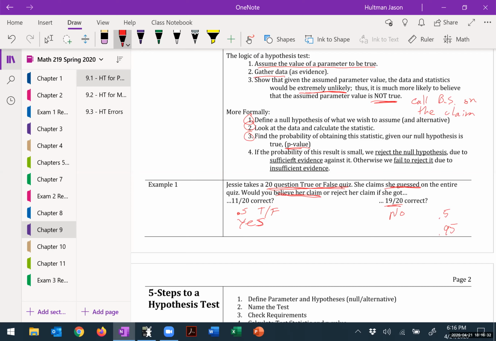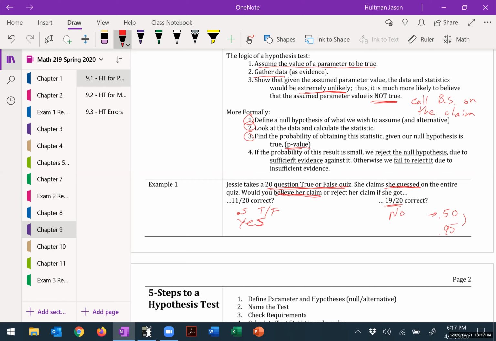She claimed that she guessed, which means she should have got 50%, but she walked away with 95%. That's way far away from what she's claiming. And we could statistically see how far away this 0.95 sample statistic is from the claim. So I would say no, that's way far away.